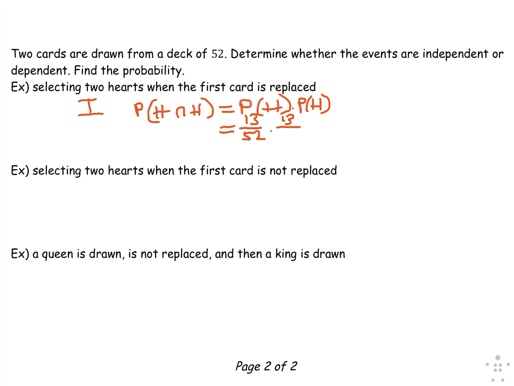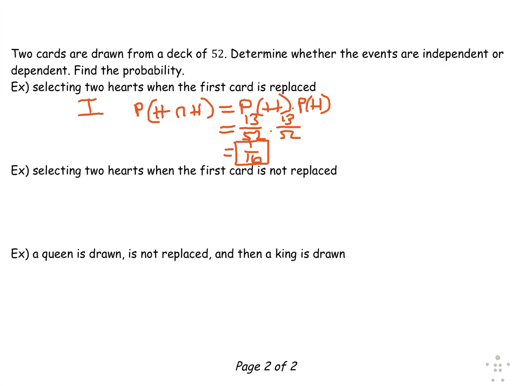That is for both of the probabilities, or 1/4 times 1/4, which is 1/16 of a chance of this happening. If you take out a card, you have a 1/4 chance of it being red, specifically a heart. Put the card back, draw again, you have a 1/4 chance of getting a heart, but then the probability of getting two hearts after replacing the first card, 1/16 of a chance.